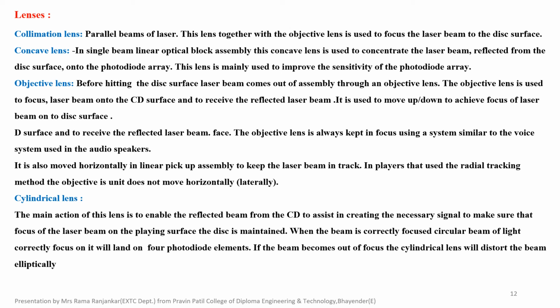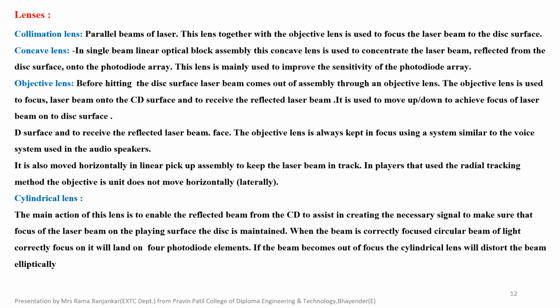Objective lens, so before hitting the disc surface, the laser beam comes out of the assembly through an objective lens. The objective lens is used to focus the laser beam onto the CD surface and to receive the reflected laser beam. It moves up and down to achieve the focus of the laser beam on the disc surface.